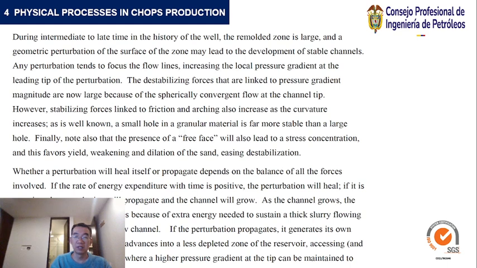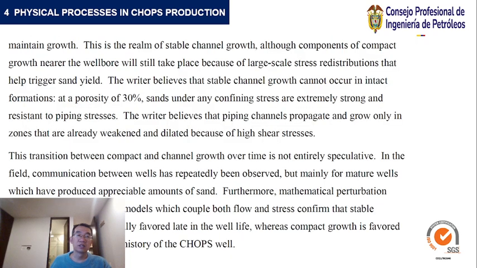If the perturbation propagates, it generates its own high permeability channel that advances into a less depleted zone of the reservoir, accessing zones where a higher pressure gradient at the tip can be maintained to sustain growth.